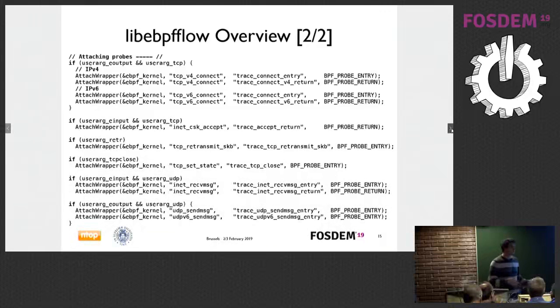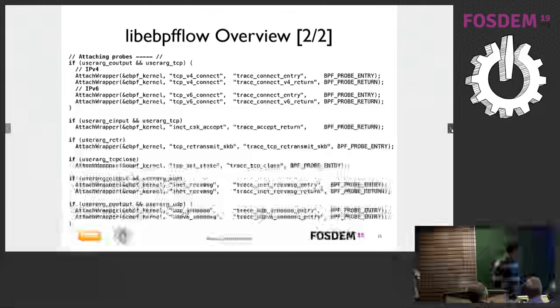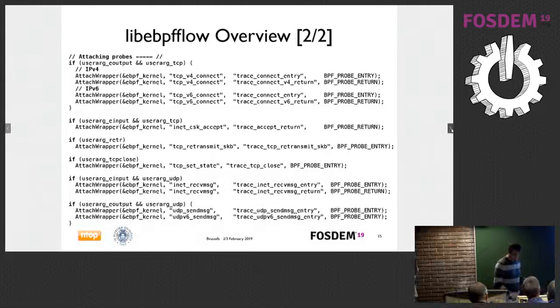For example, we can track when a socket is closed and analyze how many bytes have been received or sent through that socket. Another thing that we can capture is the events regarding the retransmissions.